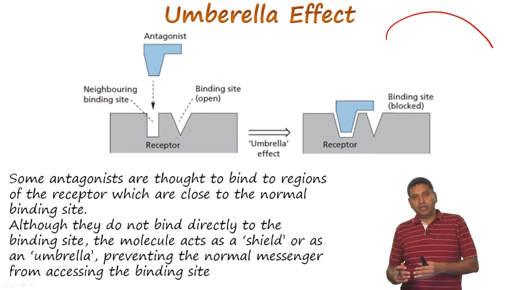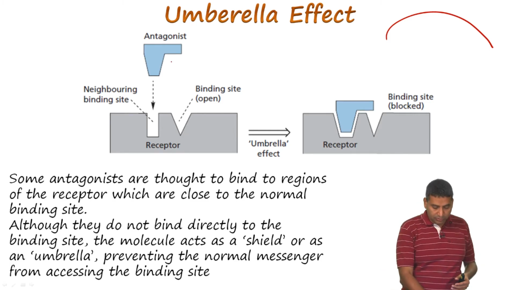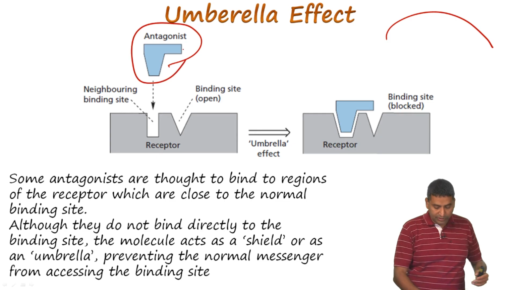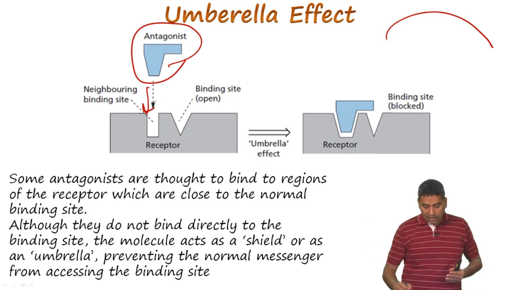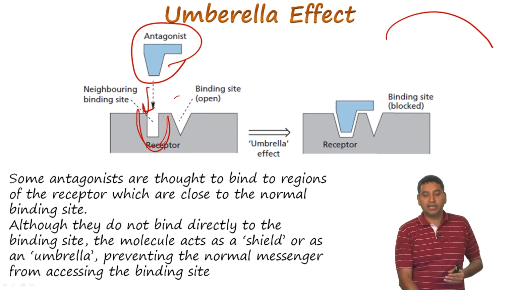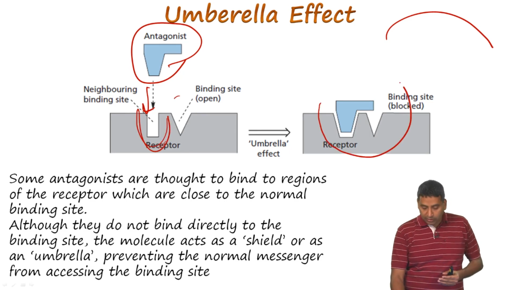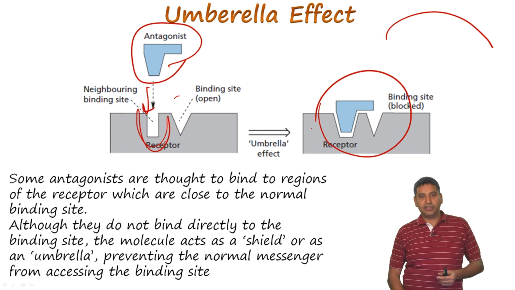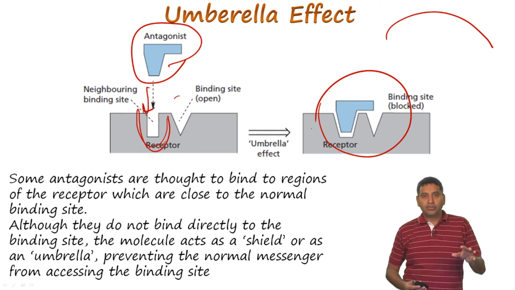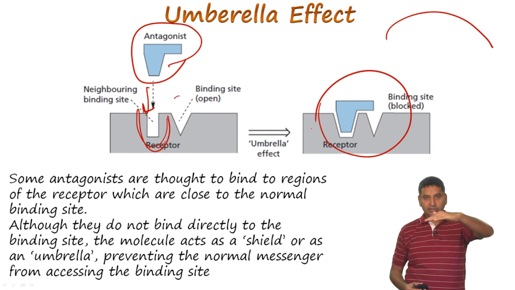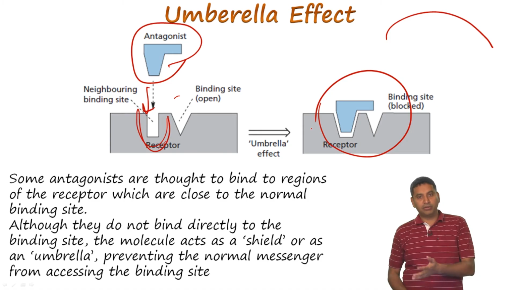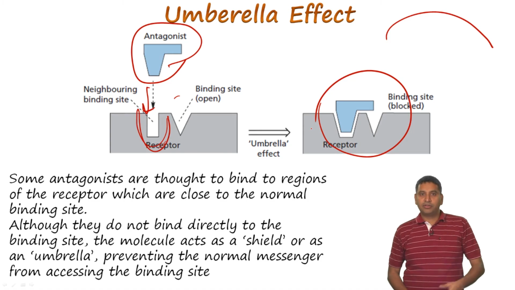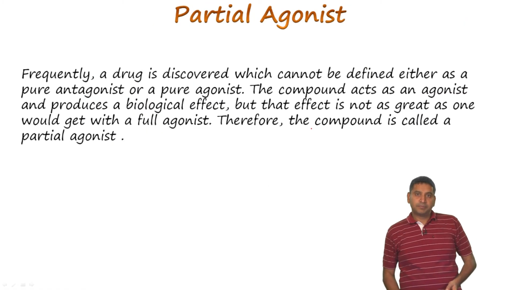And so, similarly, when an antagonist binds to this allosteric site, it can act as an umbrella and not just interact with this neighboring site, it also blocks the binding site. Okay. So, although they do not bind directly to the binding site, this molecule acts as a shield or as an umbrella, preventing the normal messenger from acting on the binding site. So, this effect is called the umbrella effect.